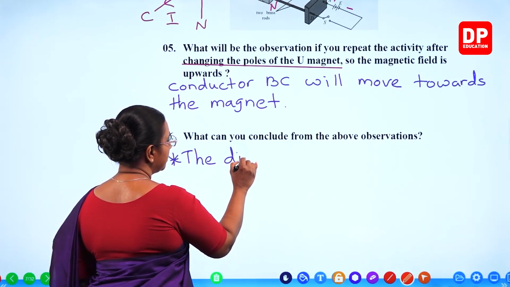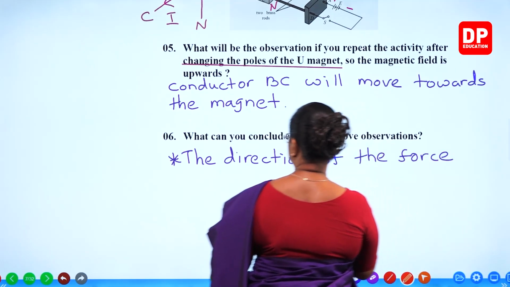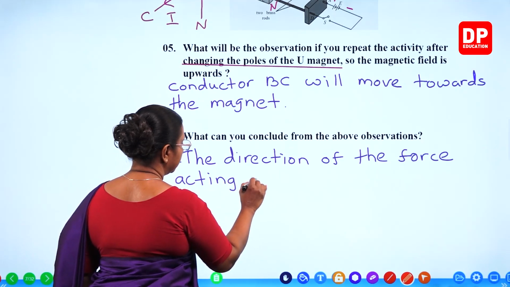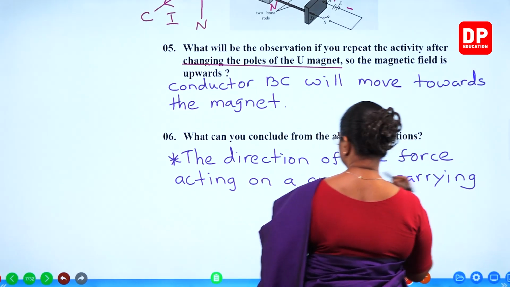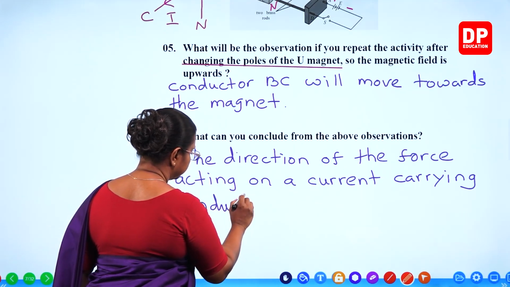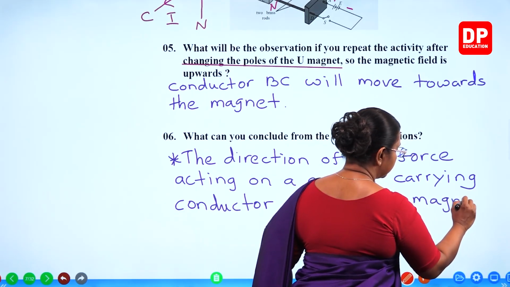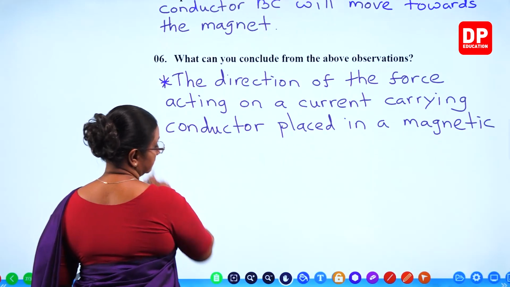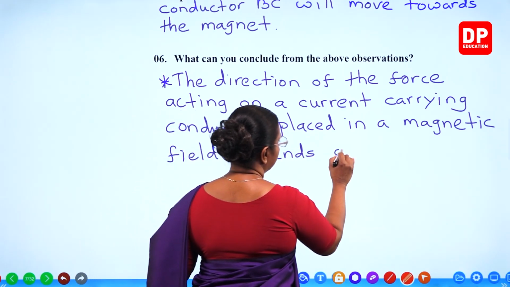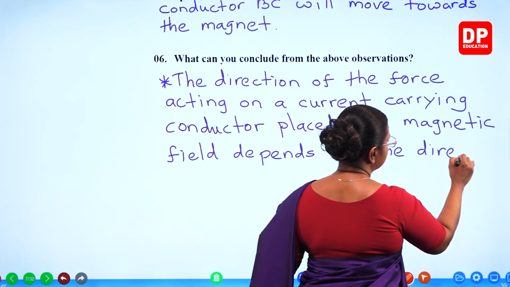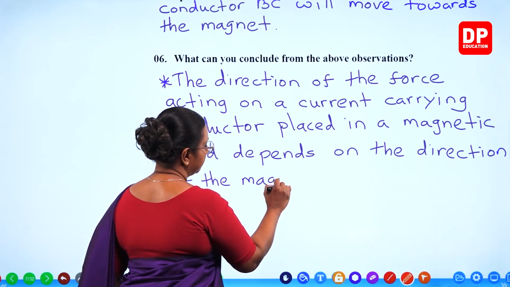The direction of the force acting on a current carrying conductor placed in a magnetic field depends on the direction of the magnetic field.